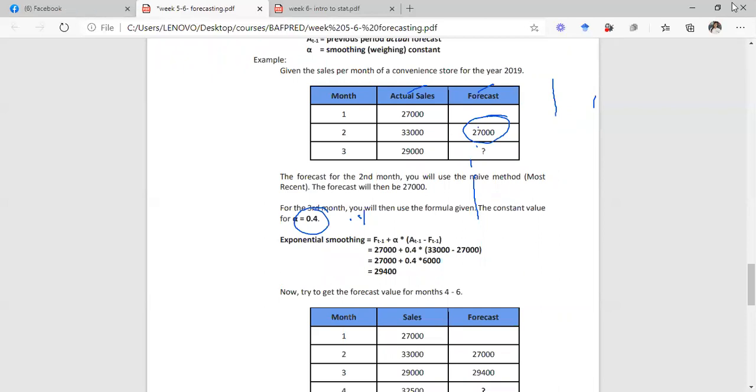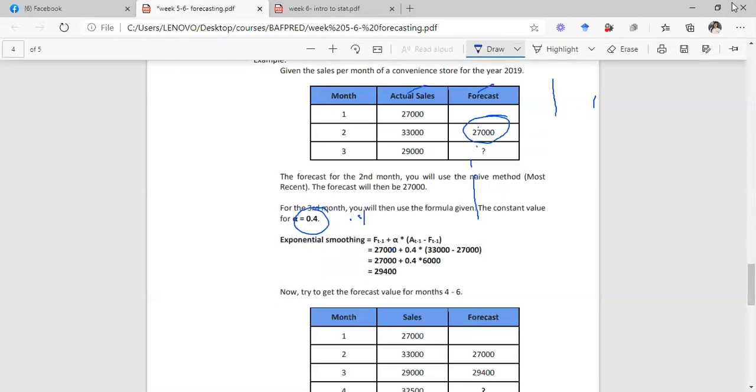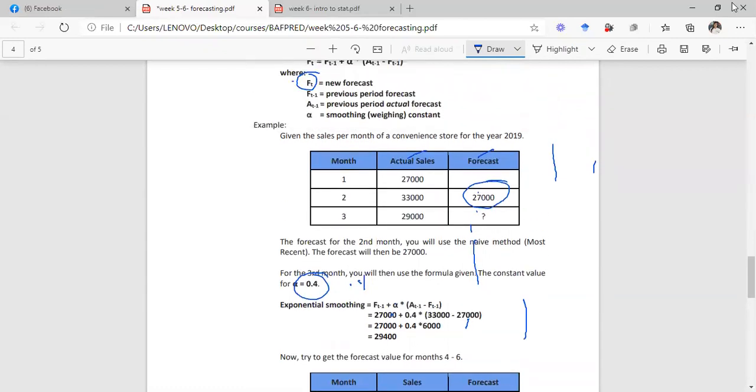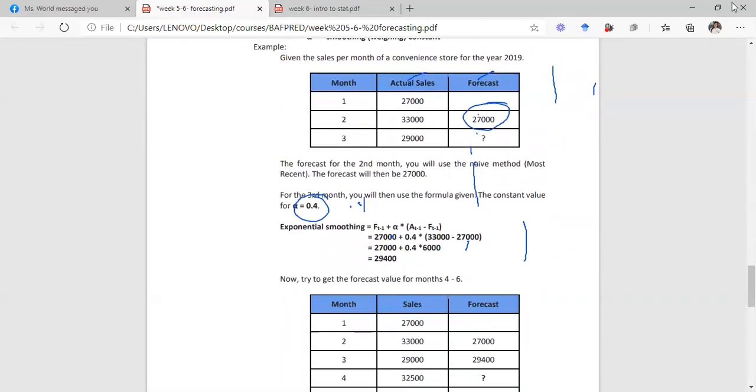The previous forecast is 27,000 plus 0.4 times the actual sales 33,000 minus the previous forecast 27,000.